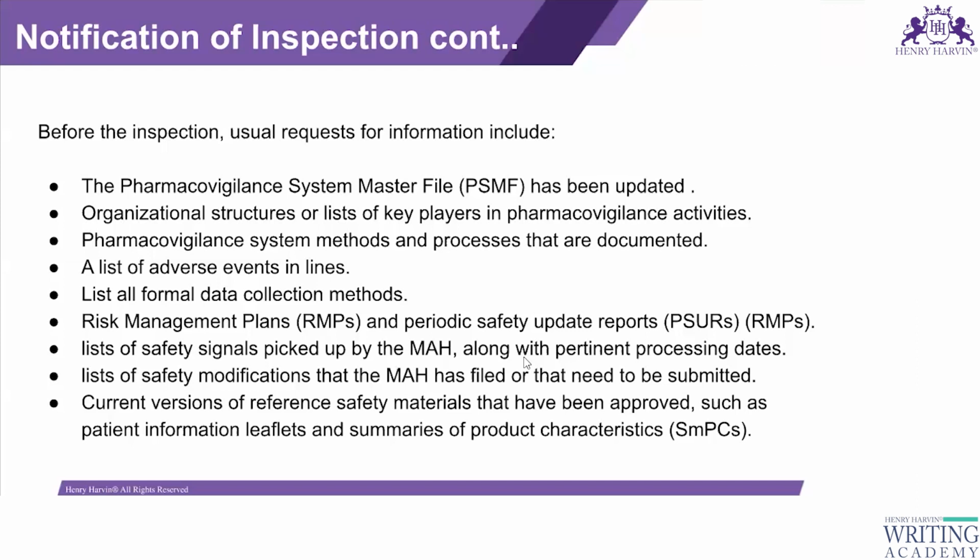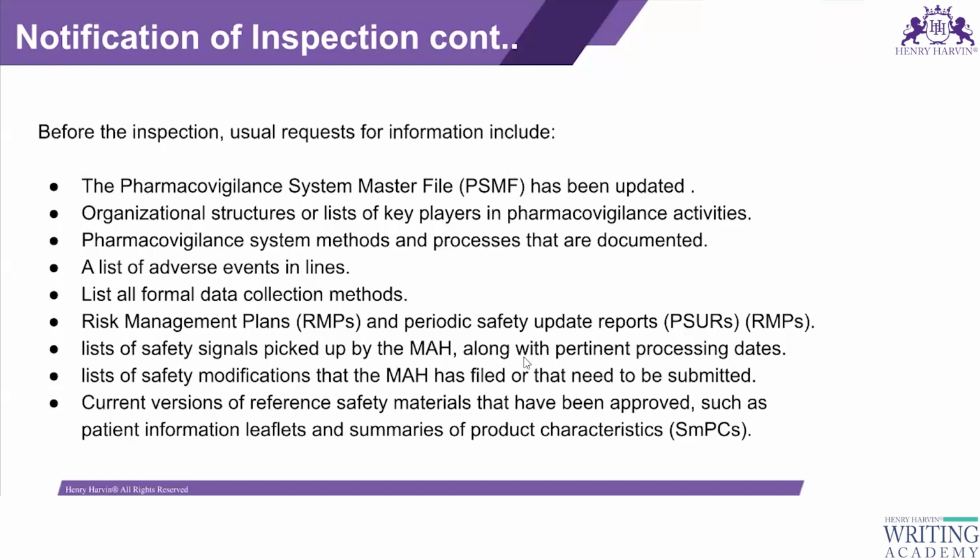So the list of methods used for collecting the data is provided. Then the risk management plan and periodic safety update reports: RMPs and PSURs are up to date, meaning which RMPs and which PSURs have been submitted to date.